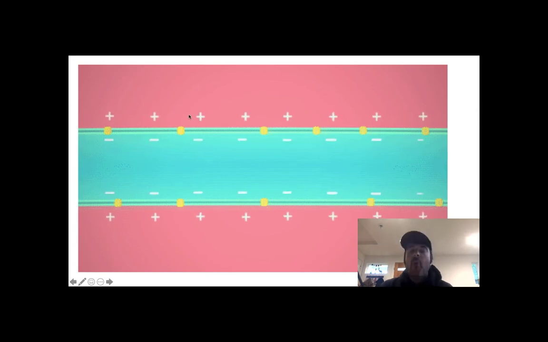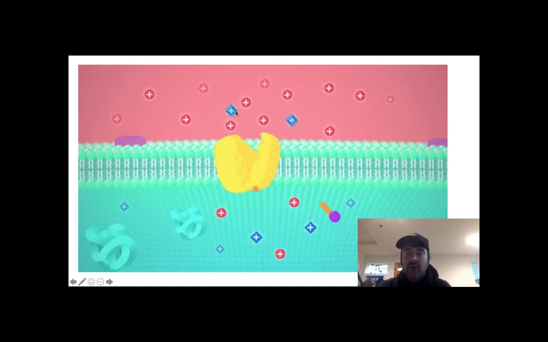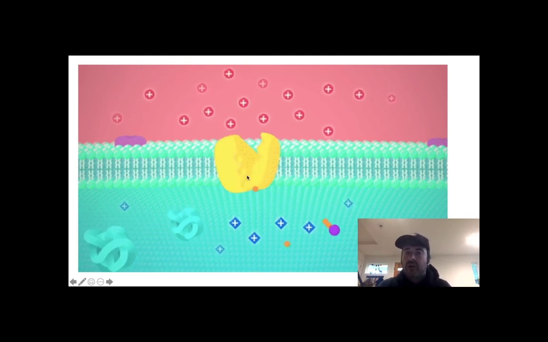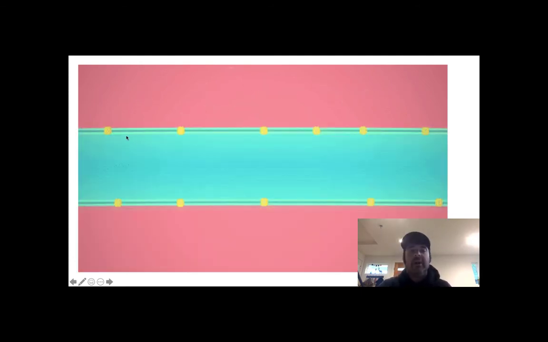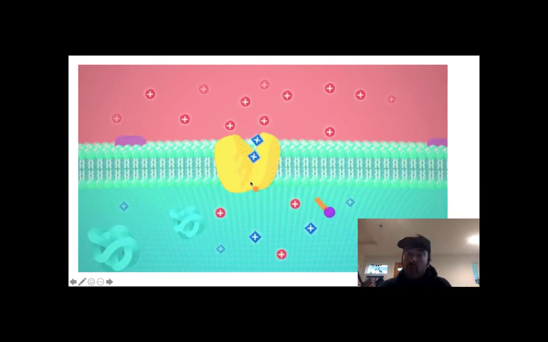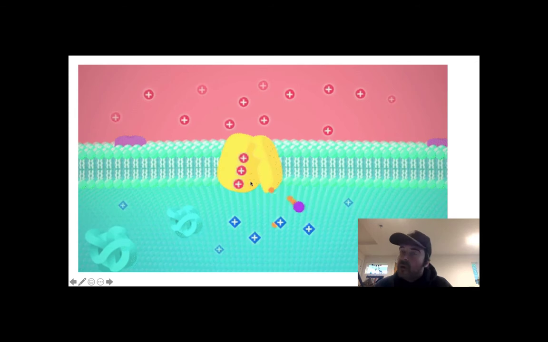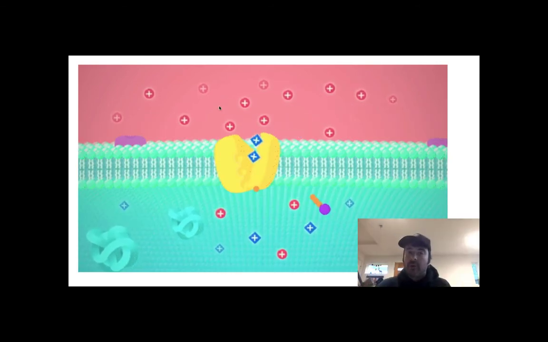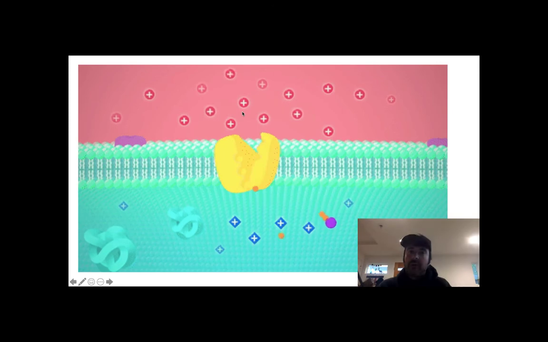So when you think about why sodium has a higher concentration outside the cell than inside, and why potassium has a higher concentration inside the cell than outside, that's all a consequence of the sodium-potassium pump. And as you're going to see as we talk about neurophysiology and muscle physiology, we use that gradient, what we call the electrochemical gradient, to do work. We use it for a ton of different things.